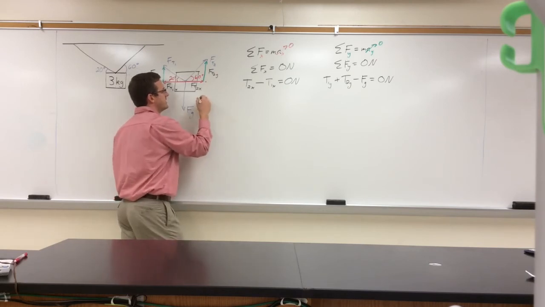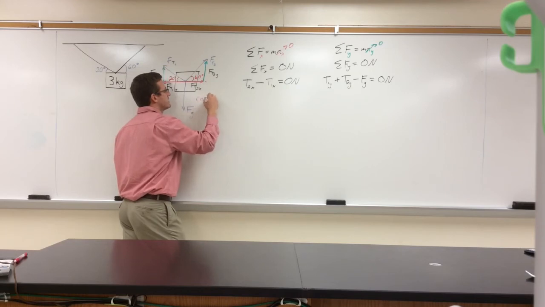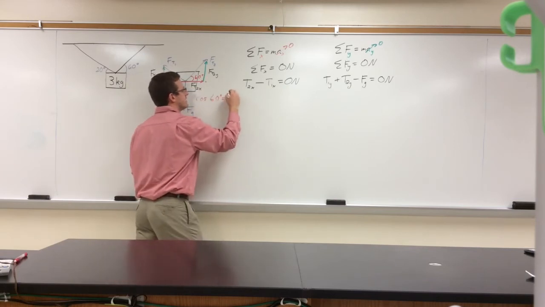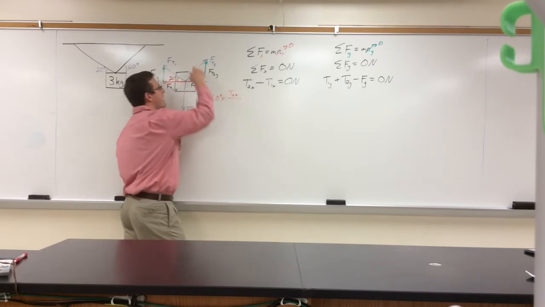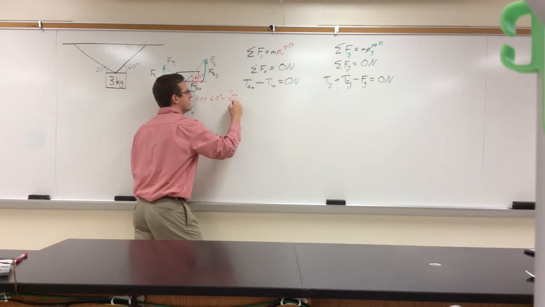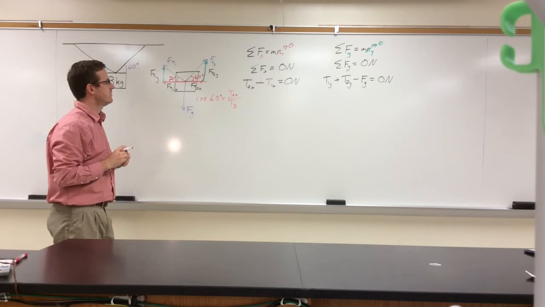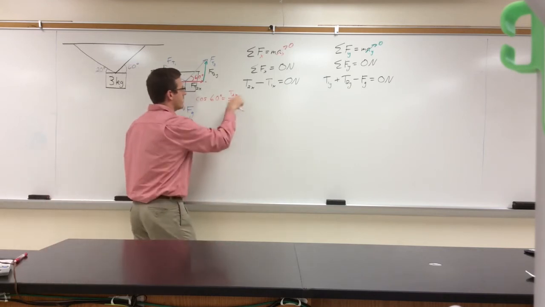I'm going to say, well, this is really, let's see, that's cosine. So the cosine of 60 degrees equals the adjacent, so T2x, over the hypotenuse, which in this case is force of tension 2, or I just say T2. And I'm going to rewrite that.